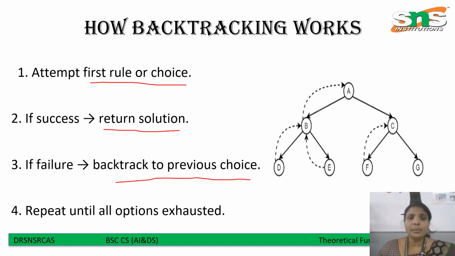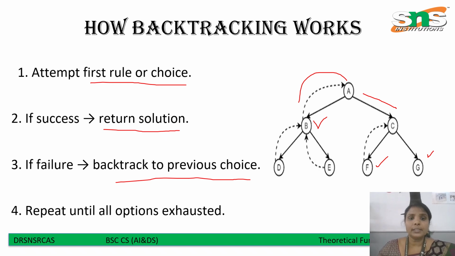This diagram illustrates the process clearly. Starting from node A, the system first moves to B and explores further, to D or E. If none of them leads to success, it backtracks to A and tries the next branch, C. Then it continues with F and G. The cycle continues until all paths are explored or a valid solution is found.